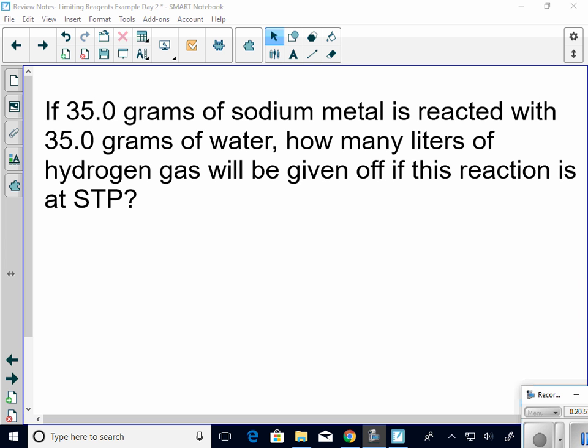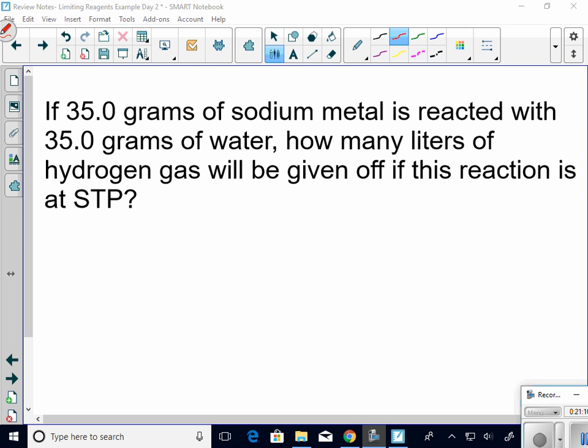Very first thing we need to do is find a balanced chemical equation. So I can see that I have sodium reacting with water. This tells me this is going to be a single replacement reaction.